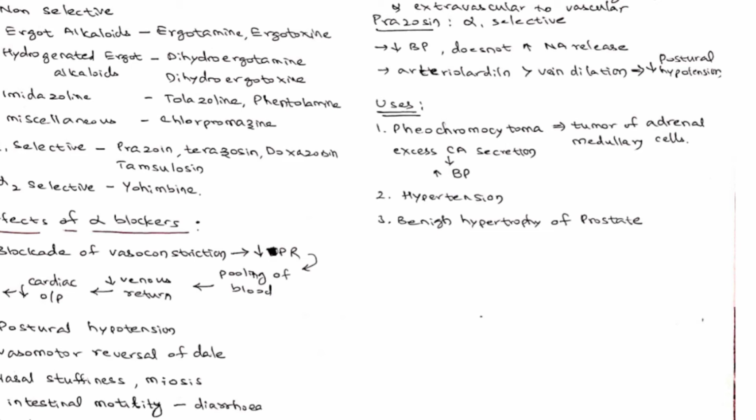Hypertrophy means increase in cell size, where there is reduction in urine outflow. Due to blockade of alpha 1 adrenergic receptors, it decreases the tone of prostate or bladder neck muscles, helping urinary excretion. So it is beneficial in benign hypertrophy of the prostate.